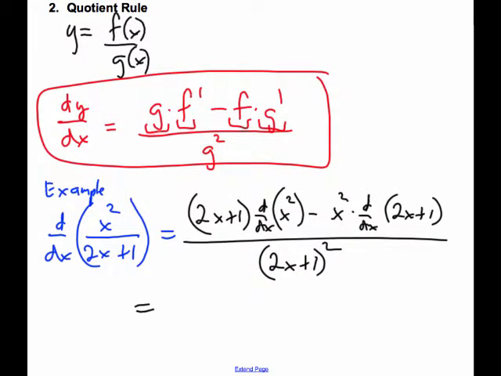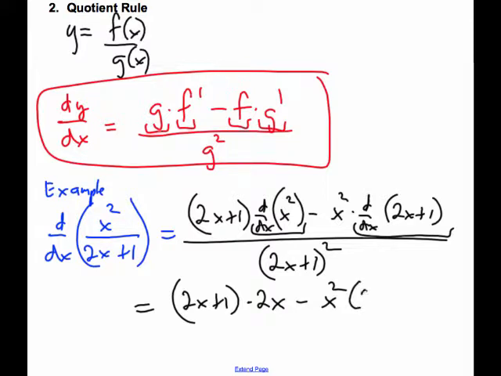Alright, so we're going to have 2x plus 1 times a power rule, which will be 2x minus x squared times the derivative of this sum, which would be 2 plus 0, so just 2, all divided by the denominator squared.